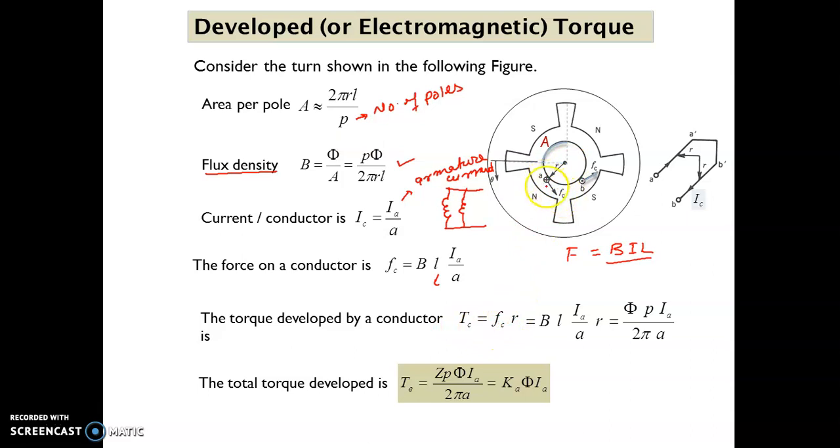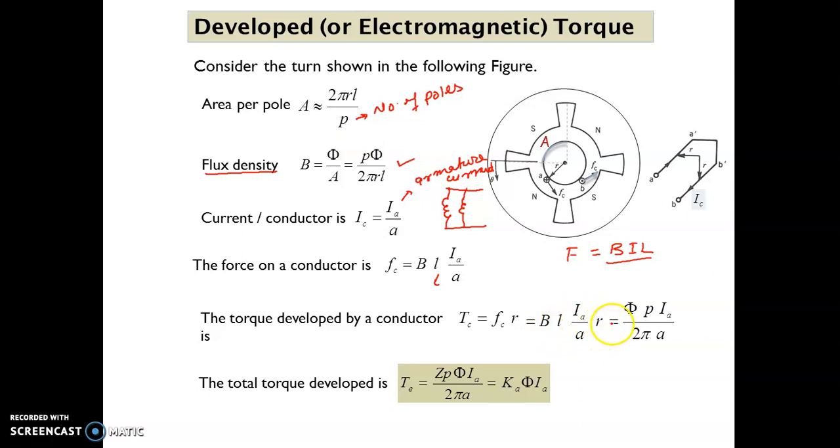The force is along this direction, and this force multiplied by this perpendicular distance will be the torque. Now I am putting the value of Fc, which is B L Ia by A multiplied by R.